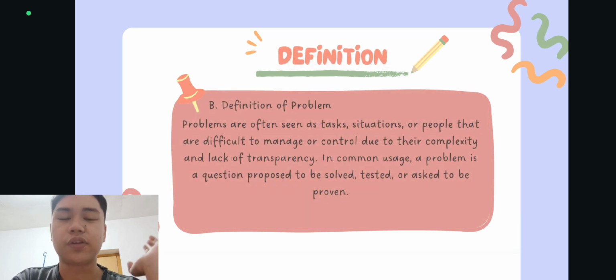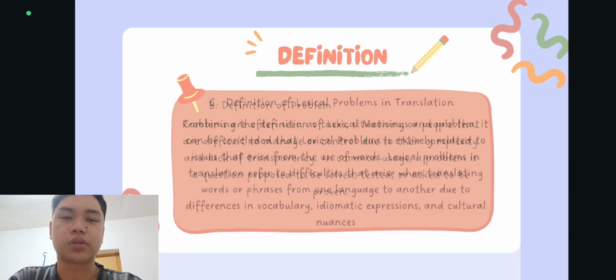The second one is the definition of problem. Problems are often seen as tasks, situations, or people that are difficult to manage or control due to their complexity and lack of transparency. In common usage, a problem is a question proposed to be solved, tested, or asked to be proven.